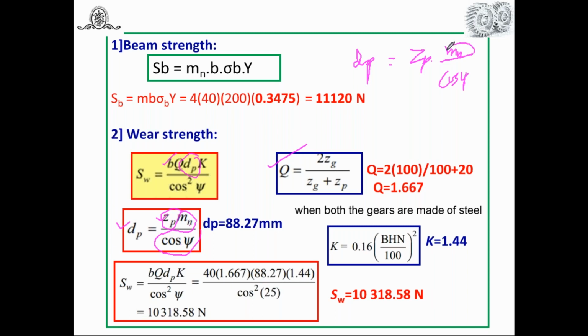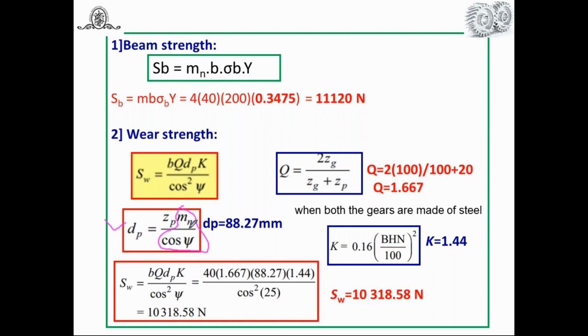And what is Mn upon cos psi? It is the transverse module, so dp is equal to Zp into mt, or simply m Zp is equal to dp. But in a helical gear we have to use the normal module, and the transverse module is defined as Mn upon cos psi. That's why we use this equation. Try to understand.